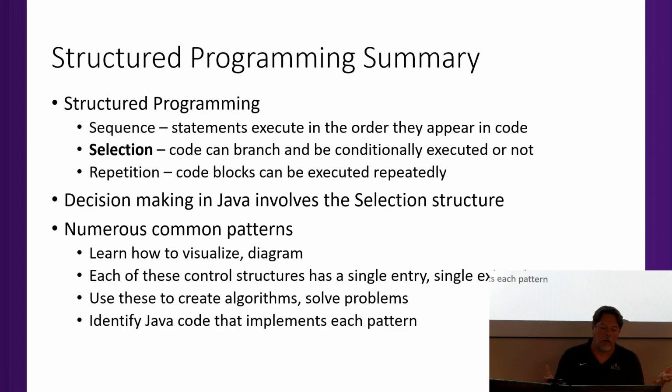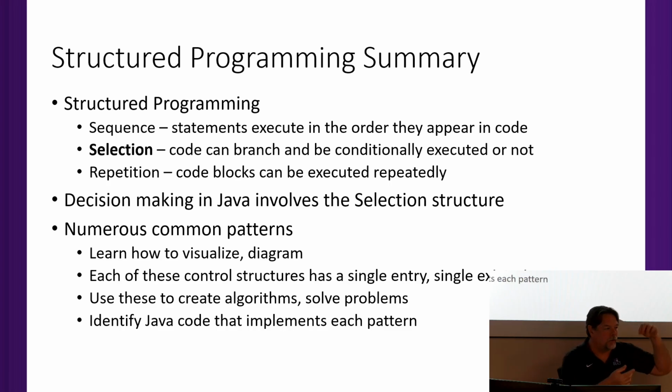One of them I want to point out is that there's always a single point of entry and a single point of exit. The sequence one's kind of boring because it basically is the rectangle symbol on your flowchart. You're going to do something, you're going to take some action. Or the little parallelogram ones where you're going to do some input or produce some output.